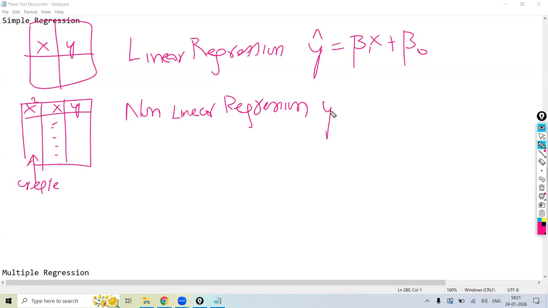Now the equation becomes beta 1 x squared plus beta 2 x plus beta naught. So now two input columns are there along with the output column. This is non-linear regression with a degree of 2. This is the equation for degree 2.